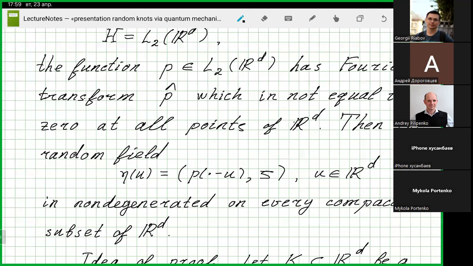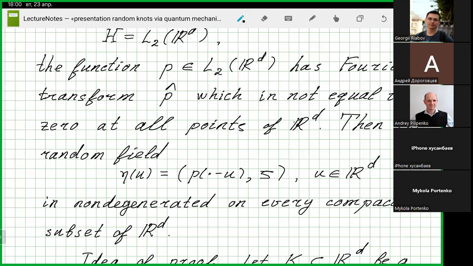He considered this Gaussian white noise in L_2(R^d) as a generalized function and considered equations with it in the sense of generalized functions, so in the sense of usual deterministic partial differential equations. So here we have a convolution of this function p.